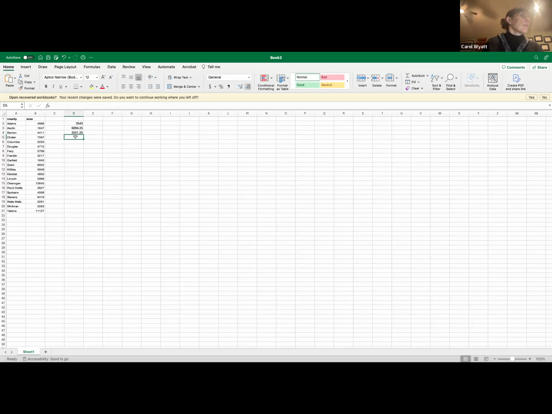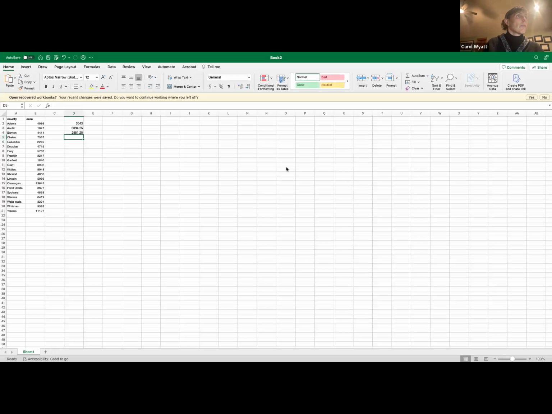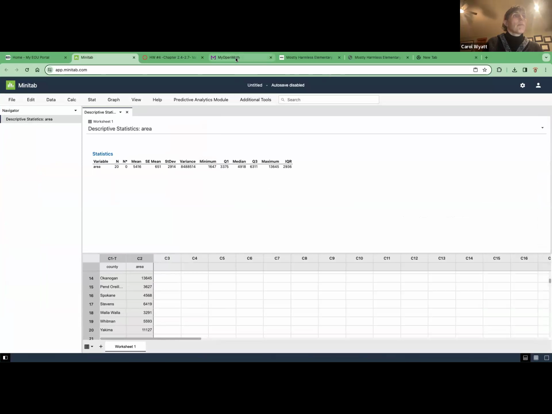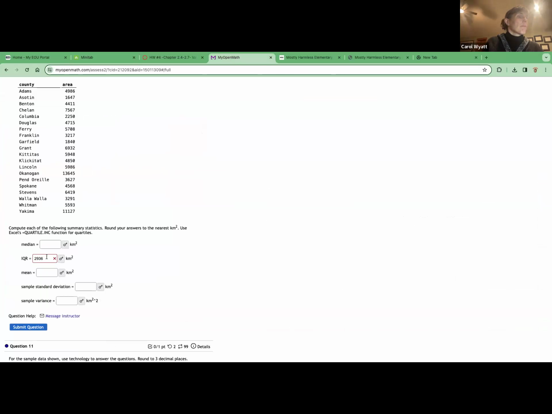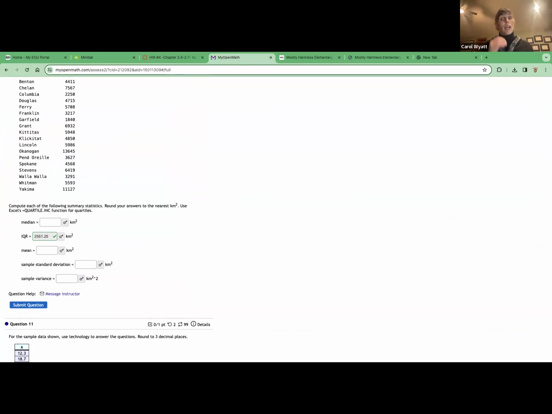And here I get 2,551.25. Significantly different than the interquartile range we got in Minitab of 2,936. So let's put 2,551.25 in MyOpenMath and see if that's what MyOpenMath is looking for. And it is. So that is how you calculate the IQR for this particular problem.